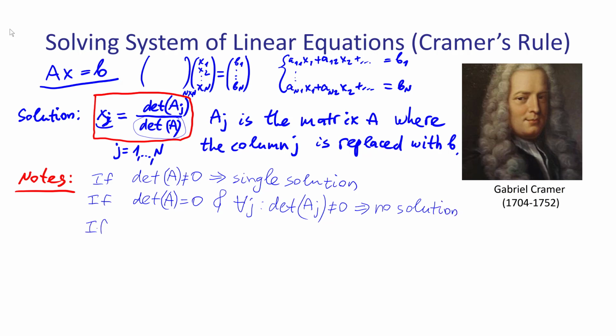And third one, if the determinant of A equals 0 and there exists such a j for which the determinant of Aj equals 0, which means it's a division of 0 by 0, then we have an infinite number of solutions.